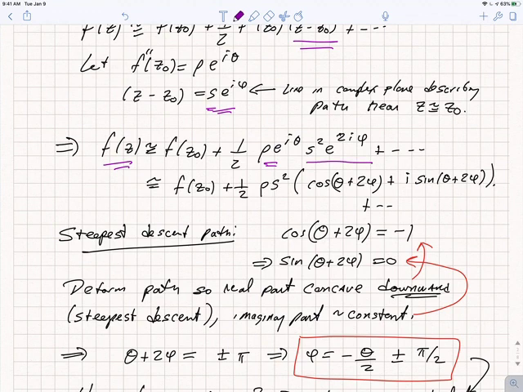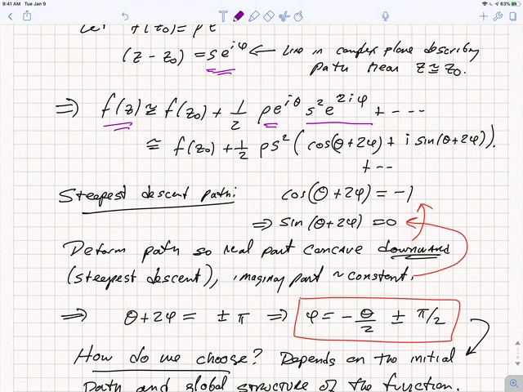If I look at the real and the imaginary parts of this, I see that I get a possible Gaussian integral in s. This is just a constant. But it depends on the relative phase of the second derivative and the direction of the path that I'm going to deform my contour around.